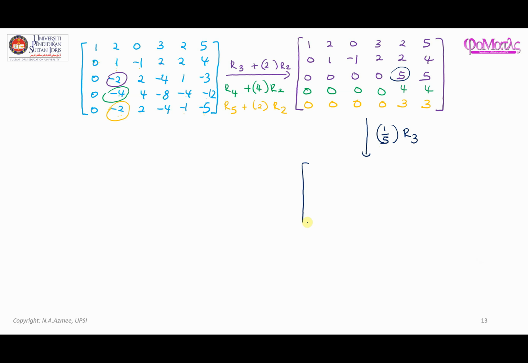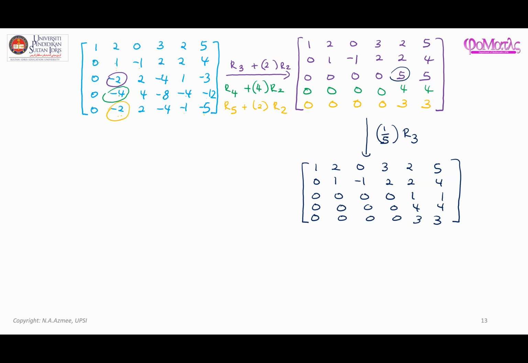And the result here is, well, 1, 2, 0, 3, 2, 5, 0, 1, -1, 2, 2, 4, 0, 0, 0, 0, 1, and 1. So the third row now is changed. This one is 0, 0, 0, 4, and 4, 0, 0, 0, 0, 3, and 3.